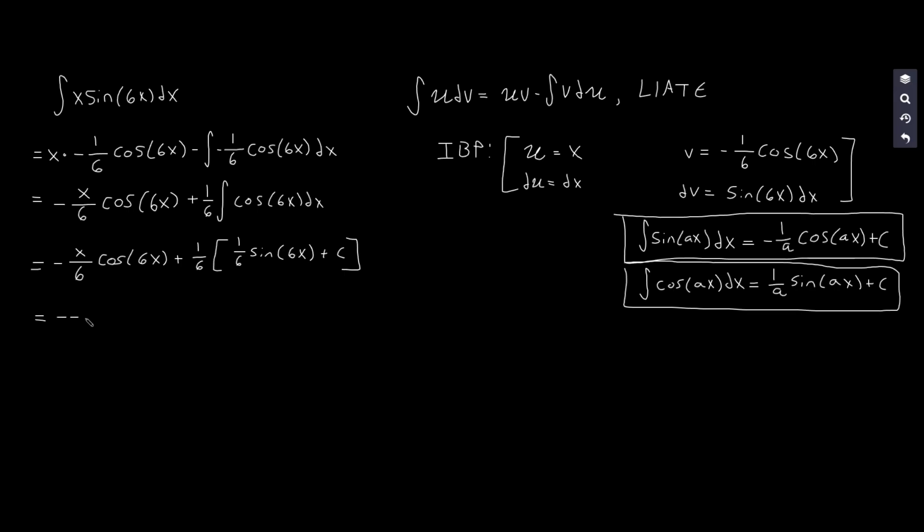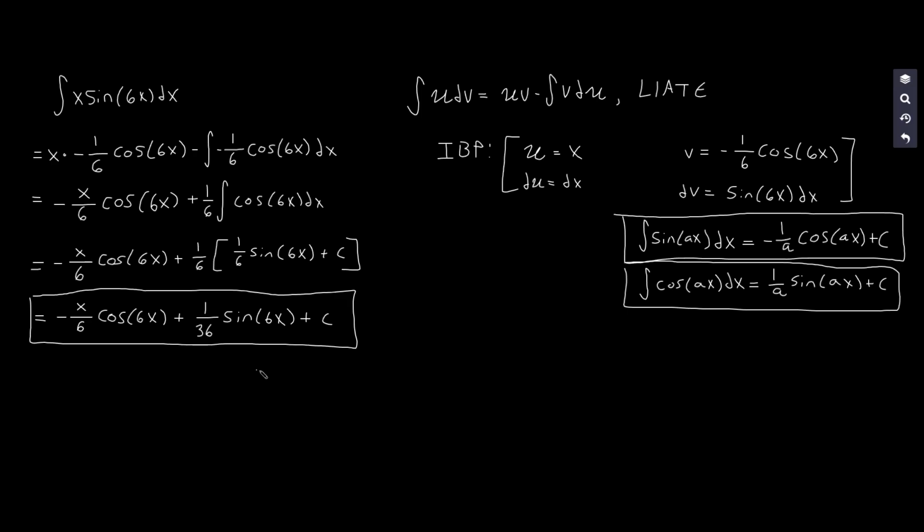That's going to equal negative x over 6 times cosine of 6x plus, let's see, 1 over 36 sine of 6x plus c. That's going to be our answer right there.